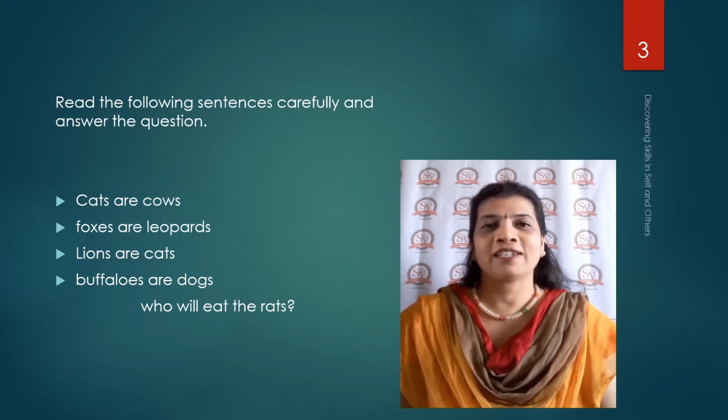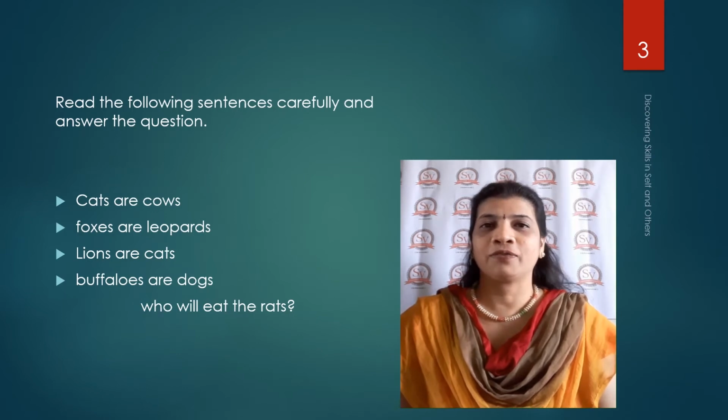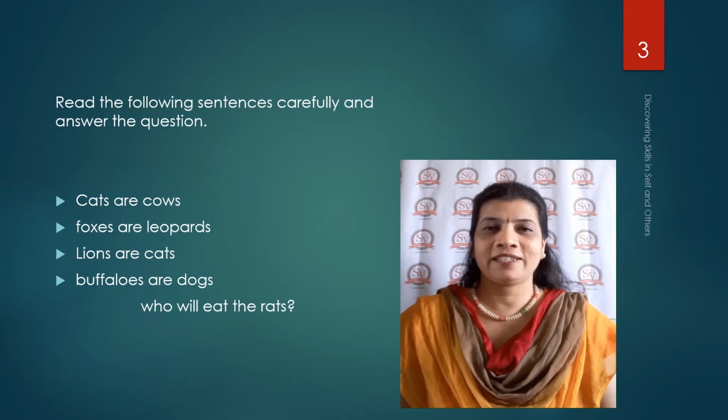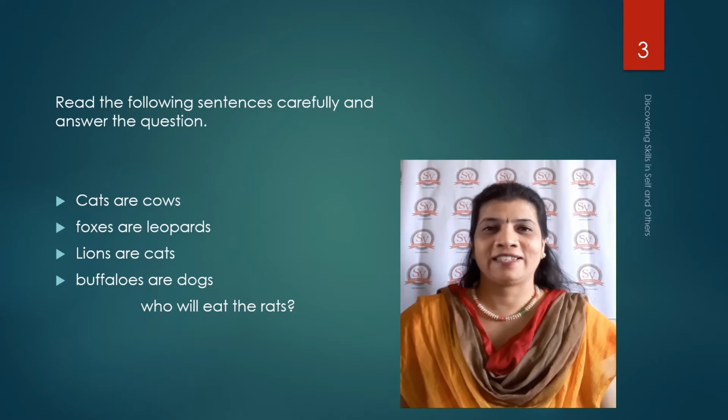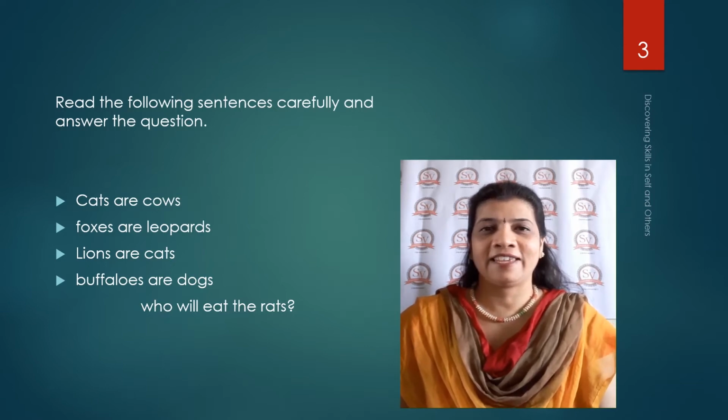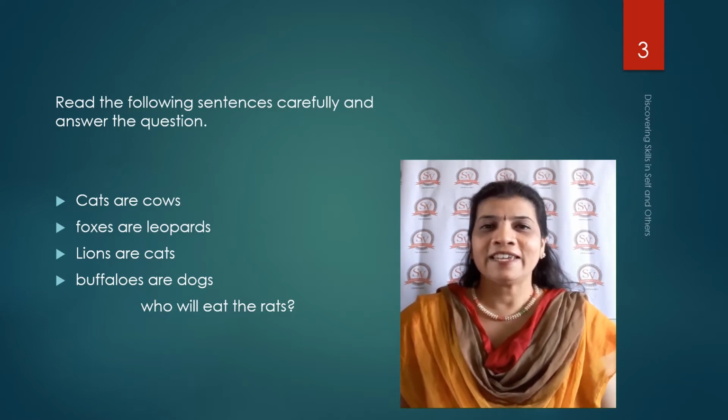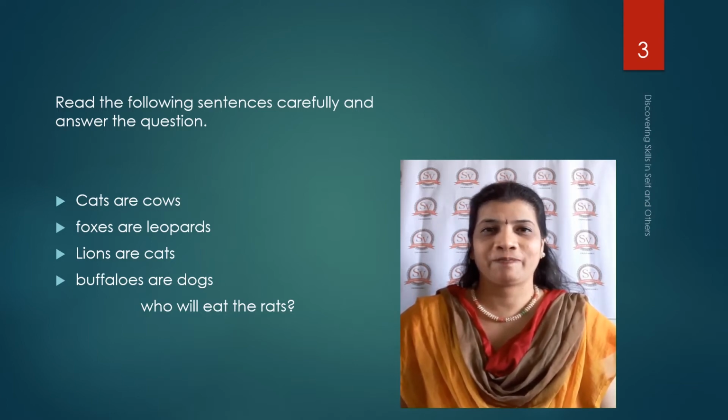Now, relook at the sentences. You will find that two sentences are irrelevant. There is no mention of cats in it. The remaining two sentences contain the word cat. Now, the sentence which says cats are lions is hinting you to the correct answer.